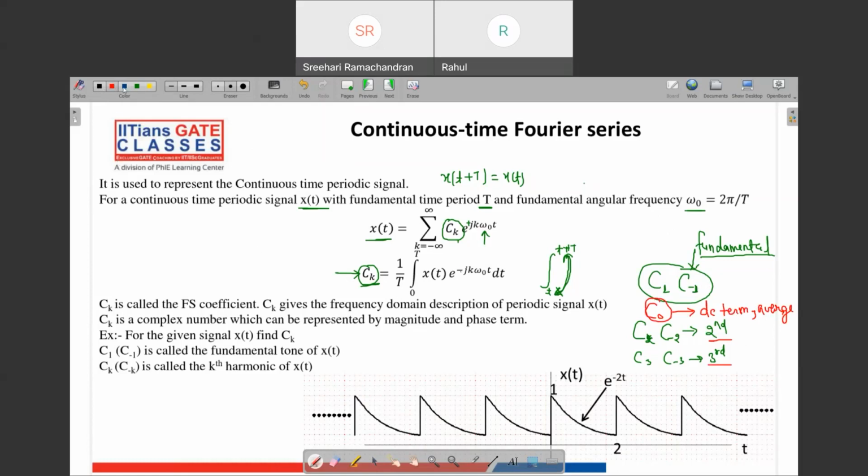When you put k equal to 0, c0 is given as 1 by T, integral from 0 to T, x(t) dt. Once you put k equal to 0, the exponential term becomes 1 and you reach here. Essentially what we are doing is integrating from 0 to T and then dividing by T. That means we are calculating the average of x(t). That's why we call it the average, and it is also known as the DC term.